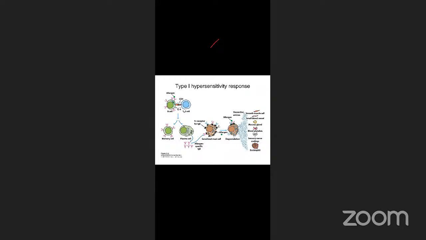Different types of antigen presenting cells present the antigen to the TH cell. Whenever the antigen is presented to the TH cell, the TH cell gets activated and proliferates into memory cells and effector cells.